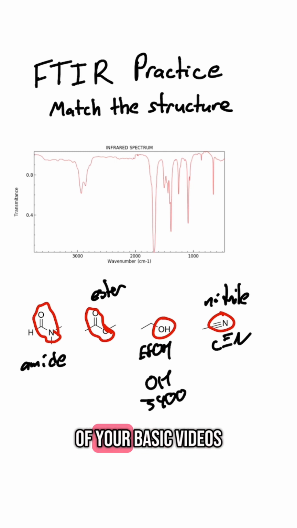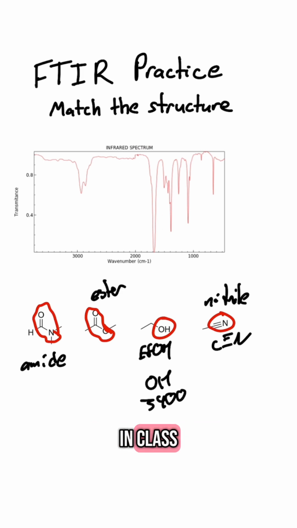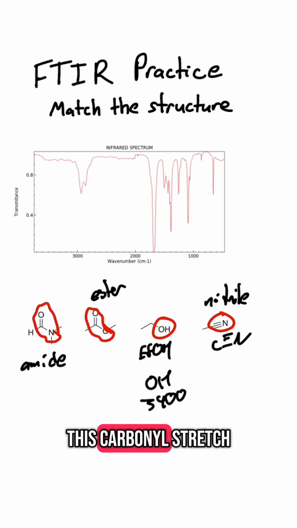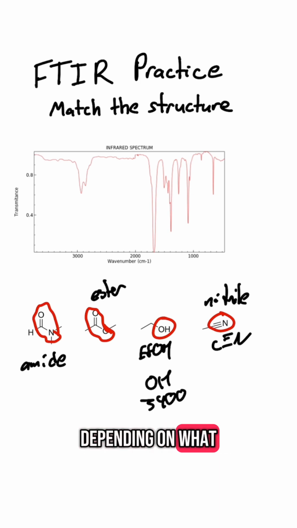But if you remember from any of your basic videos, or hopefully from in class, the position of this carbonyl stretch will change depending on what type of carbonyl it is. And that's what will really help you. So if we look here, we've got the 2000s, this would be 1900, 1800, 1700.